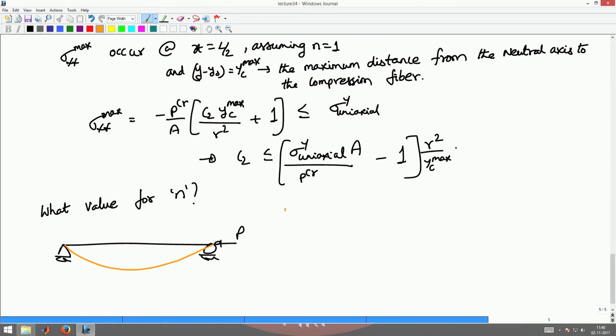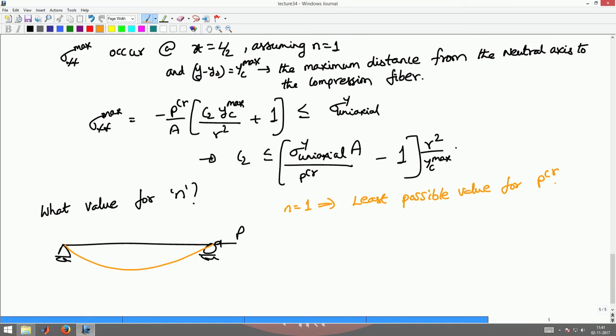So, here n can be 1, and when n is 1, that results in the least possible value for PCR, the critical axial load.